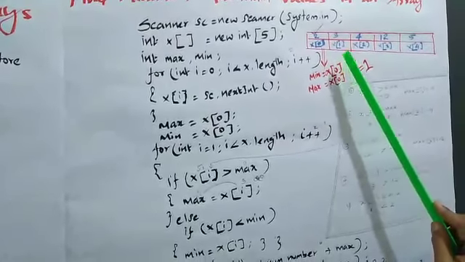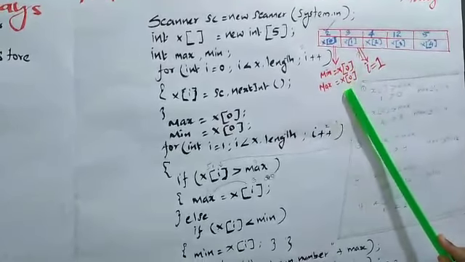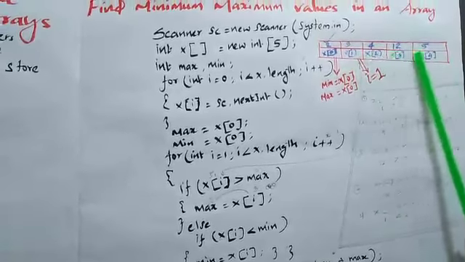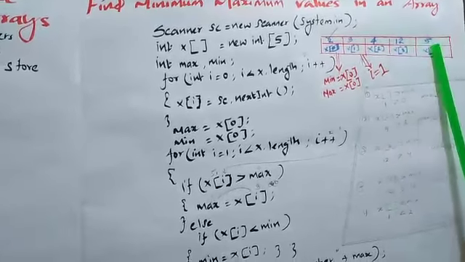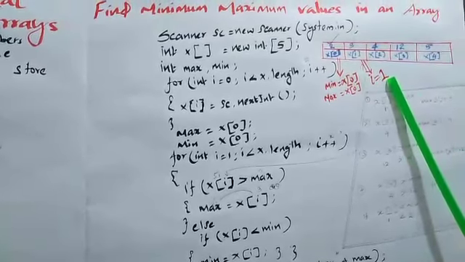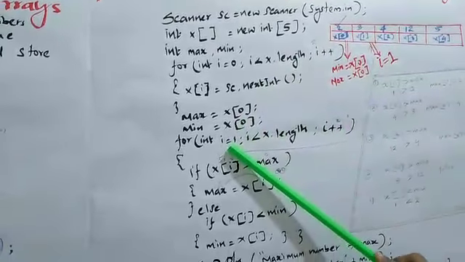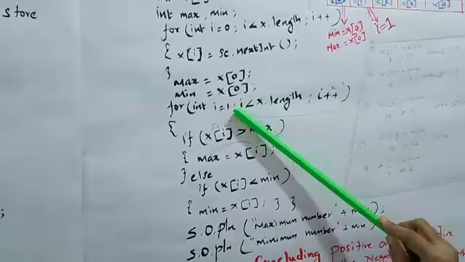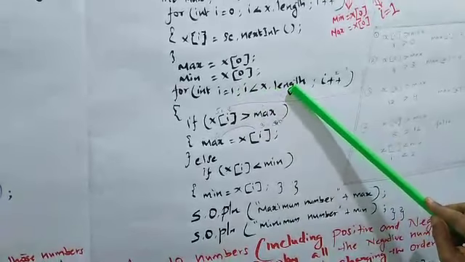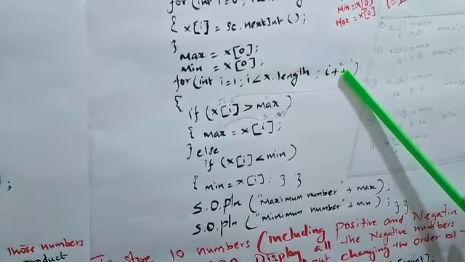From here you have to do the working order, and here I we have taken as 1. So int I is equal to 1, I less than x dot length, I plus plus.